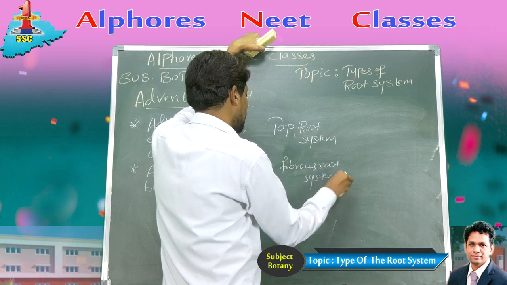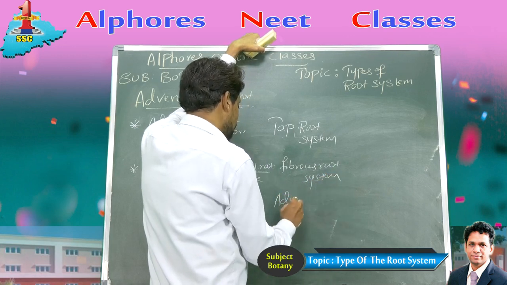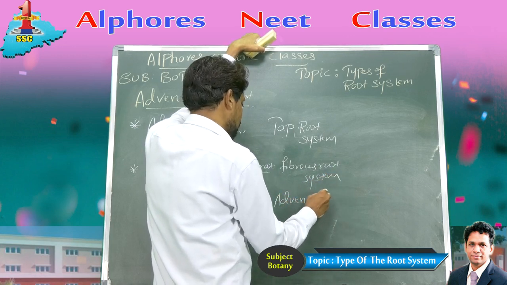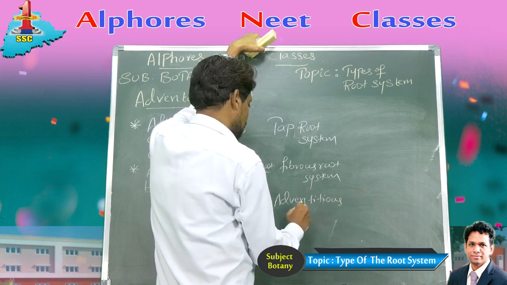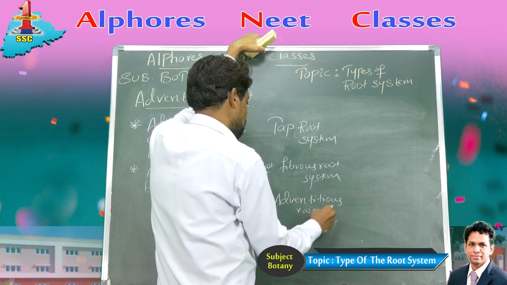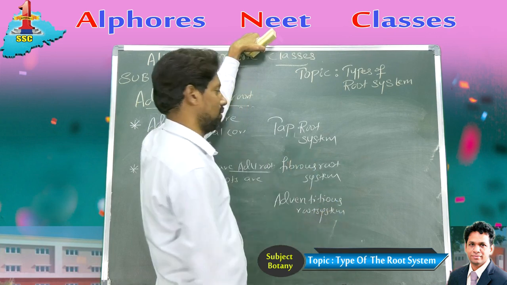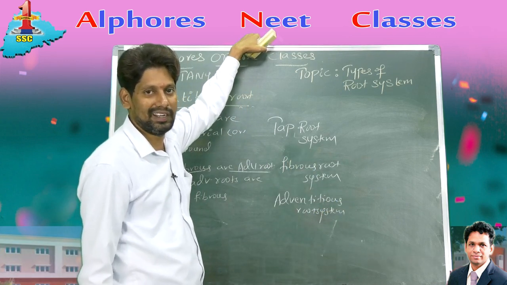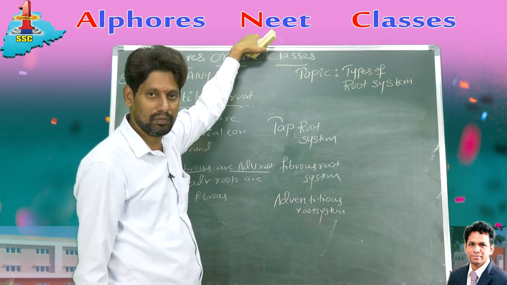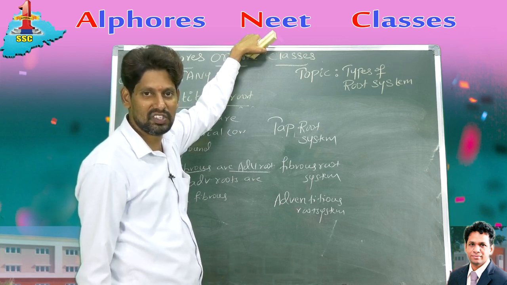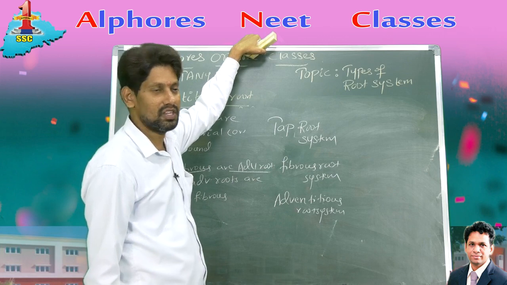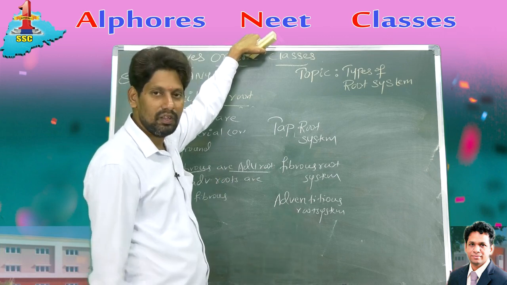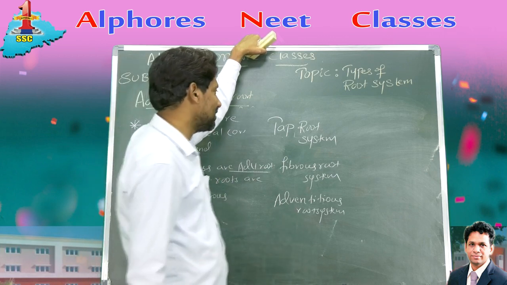And third one is adventitious root system. These are three types of root systems present in angiospermic plants. Which plants? Angiospermic plants. How many types of root systems? Three. What are they? Taproot system, fibrous root system, adventitious root system.